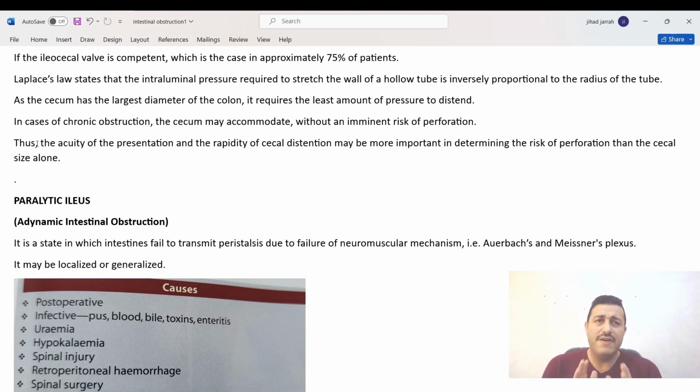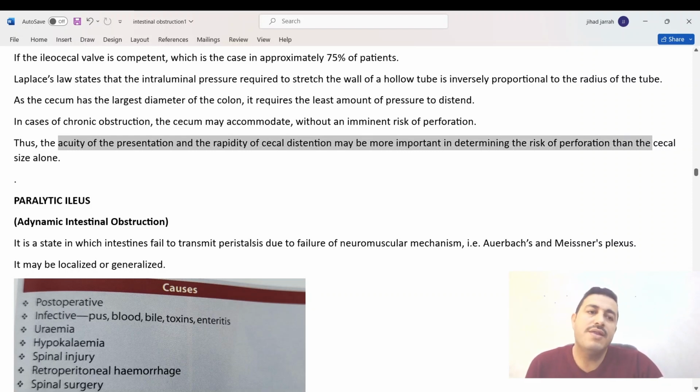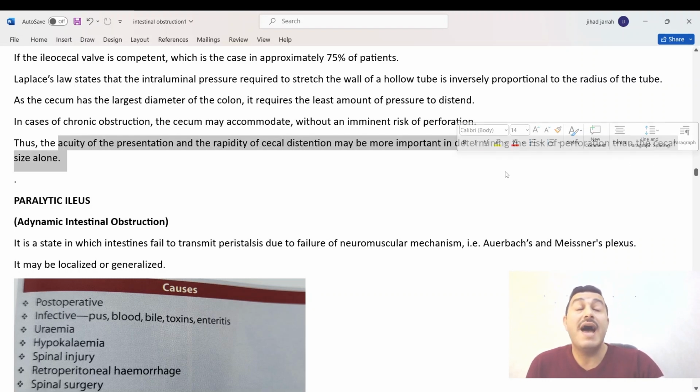So we have to know the trend. Does this dilatation happen over a short period, so the risk is high, or in some patients it could be high over a long period and doesn't cause any perforation. So the acuity of the presentation and the rapidity of the cecal distension may be more important in determining the risk of perforation than the cecal size alone.